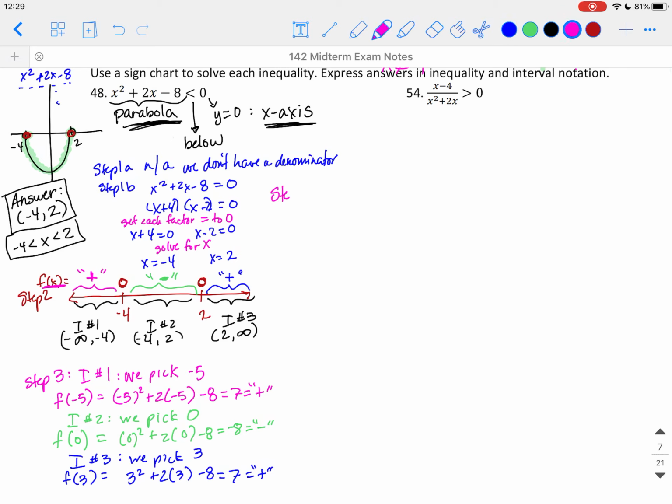So I'm going to add this for step 4. For step 4, this below, which means less than 0, means that we're looking for negative answers.